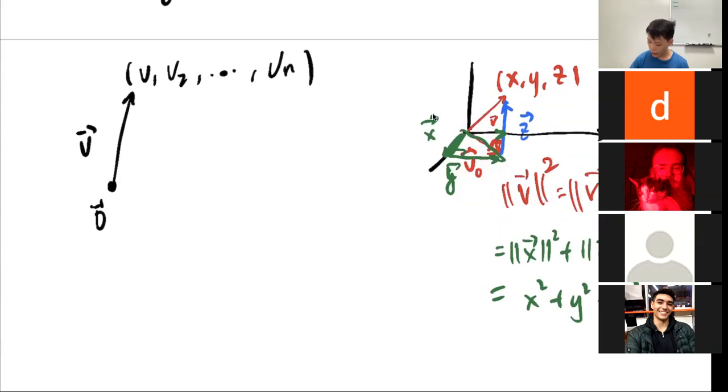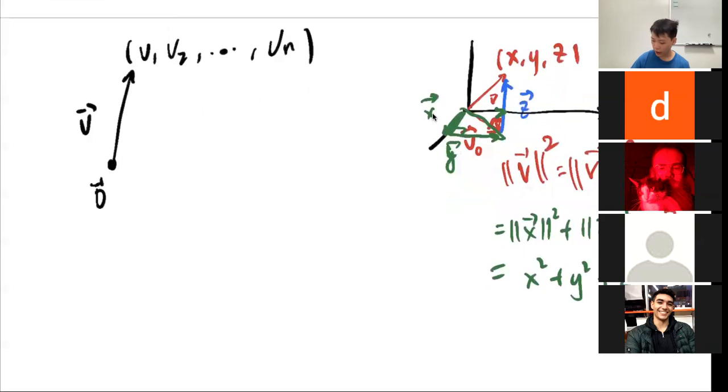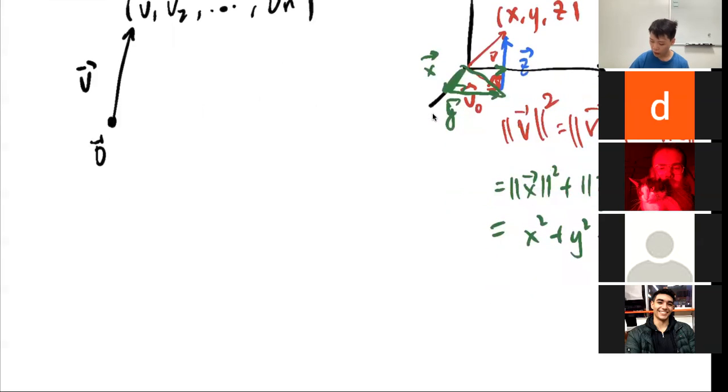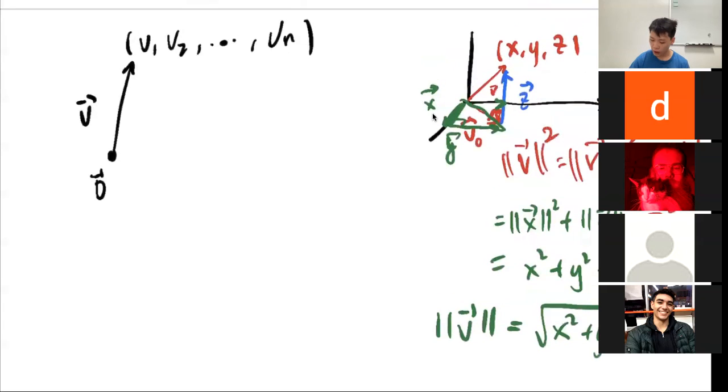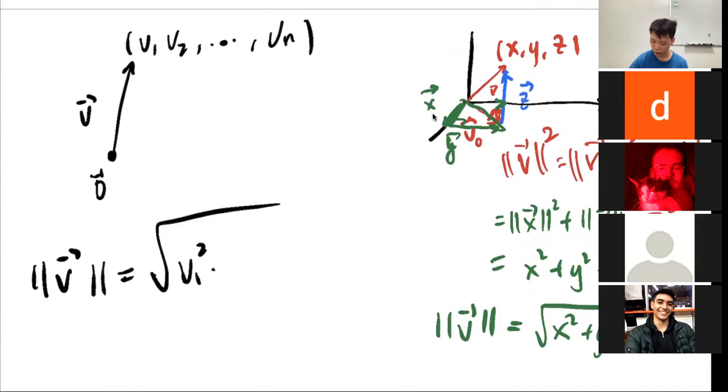And this is the square of the length of vector v. So that means the length of vector v is the square root of x squared plus y squared plus z squared. So in general, for Rn, the length of v is the square root of v1 squared plus v2 squared plus ... plus vn squared.